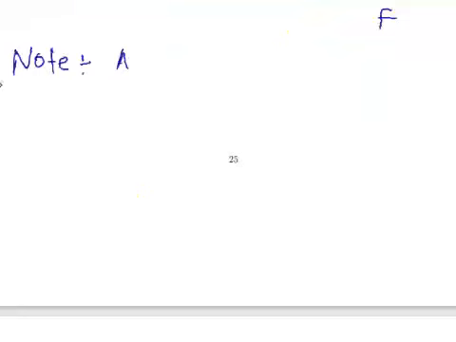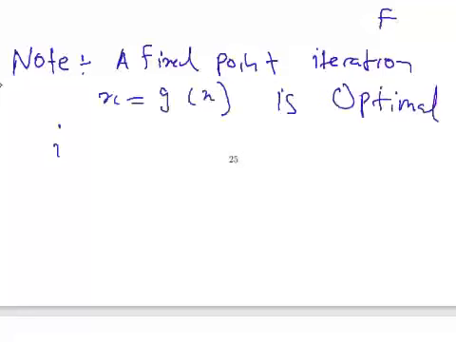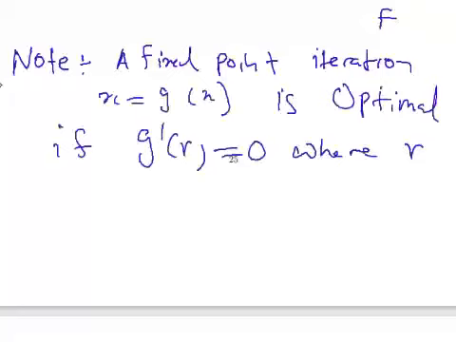So let's note that. A fixed point iteration x equals g of x is optimal if g prime of r is equal to 0, where r is the fixed point.